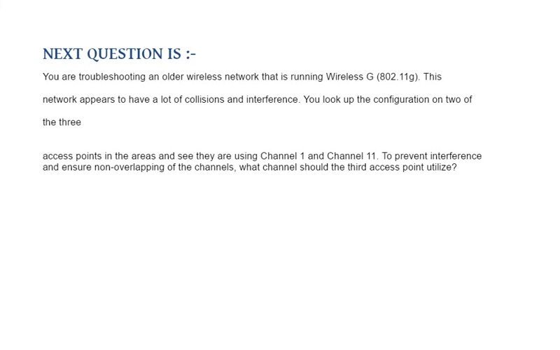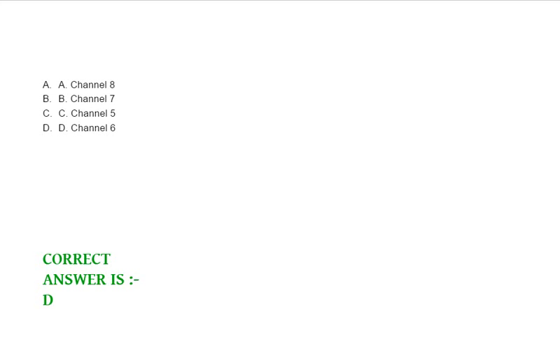To prevent interference and ensure non-overlapping of the channels, what channel should the third access point utilize? Option A, channel 8. Option B, channel 7. Option C, channel 5. Option D, channel 6. Correct answer is option D.